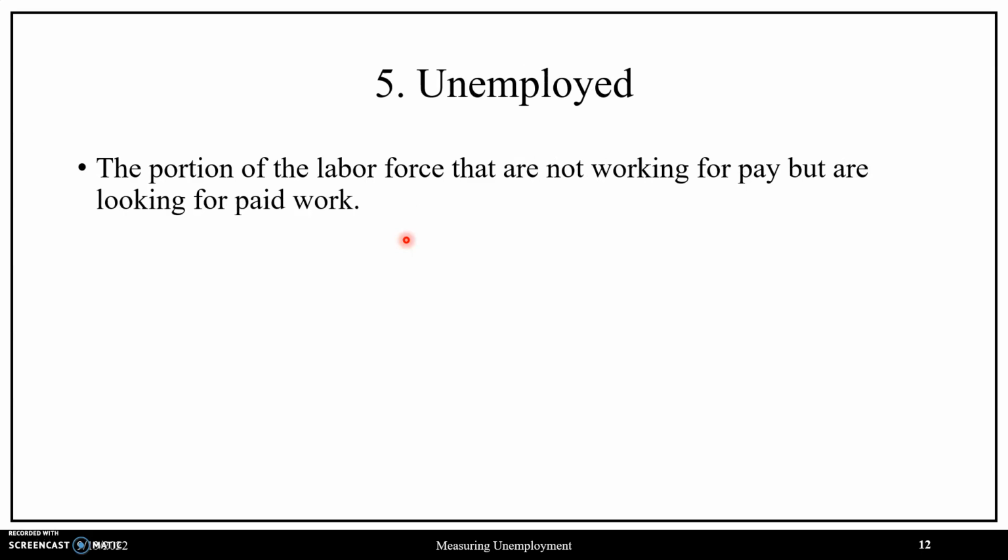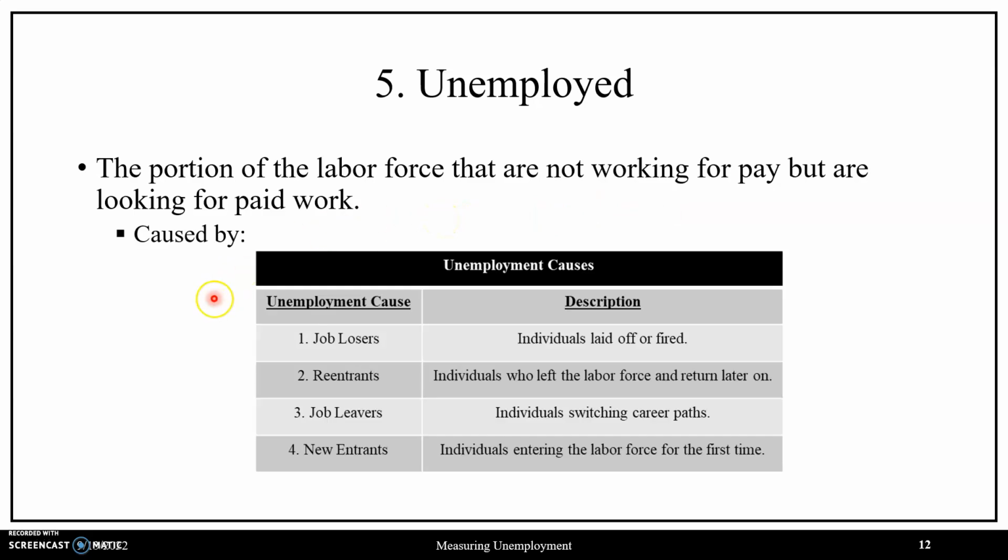Now, moving on to our idle labor resources, we mentioned that this would be the portion of the labor force that's classified as unemployed. And these are going to be individuals 16 and over who are not working for pay, but are looking for paid work, where some reasons why unemployment can occur in the economy can be that they're job losers, and that due to performance, they lose their job, or if an economy begins underperforming, their role may not be supported anymore.